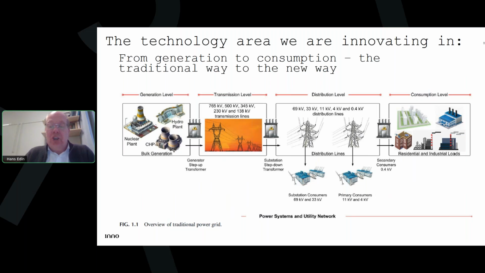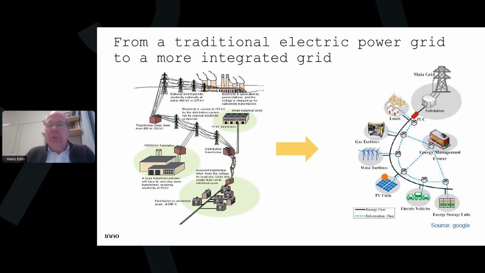Since then there have been large initiatives and changes to this, and it is a change that is still ongoing. In the electric power sense, this is a change from a very traditional grid with a more or less radial type of system, even if it is a network in reality, of course. But what we see here is that we have many new types of sources of electric power in the form of wind turbines, large PV plants, but also new loads in the form of electric vehicles. We also have new opportunities to control the grid with energy storage units in the form of large battery sites and so on.